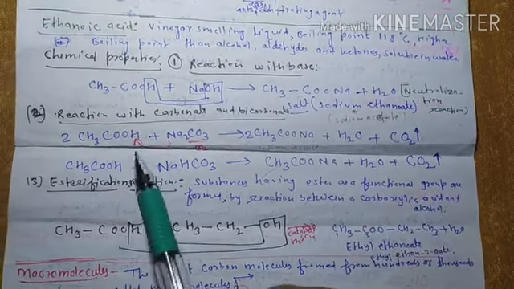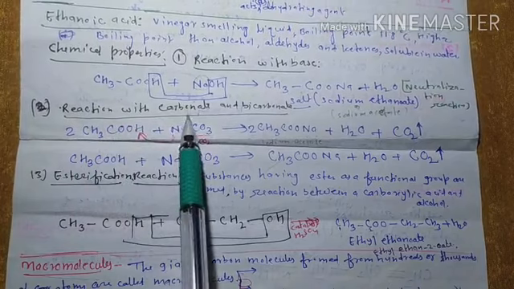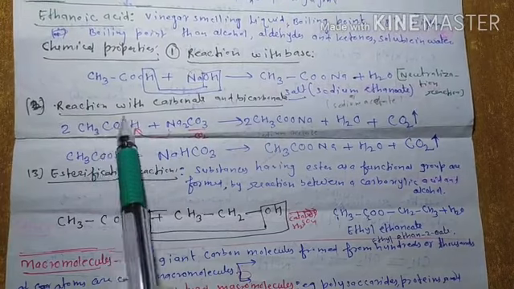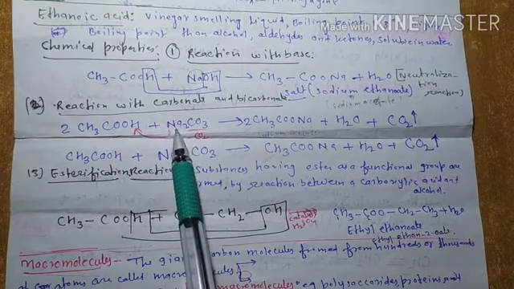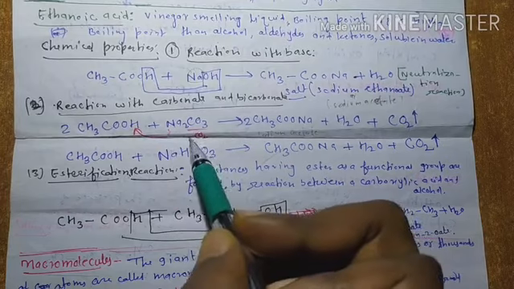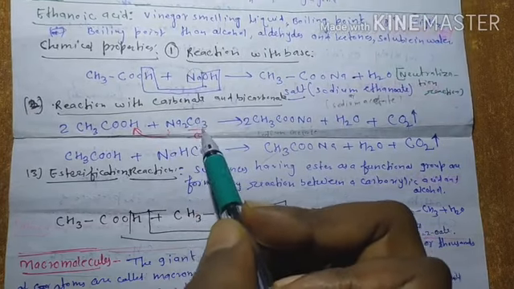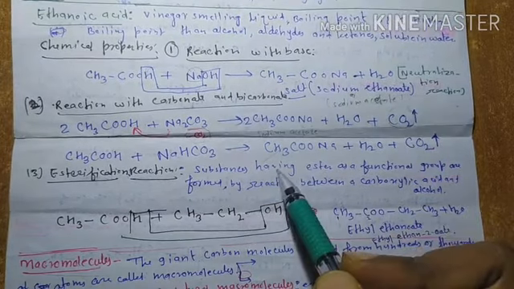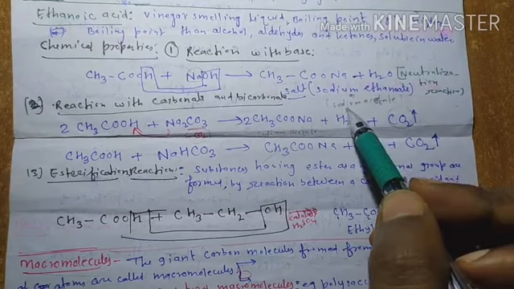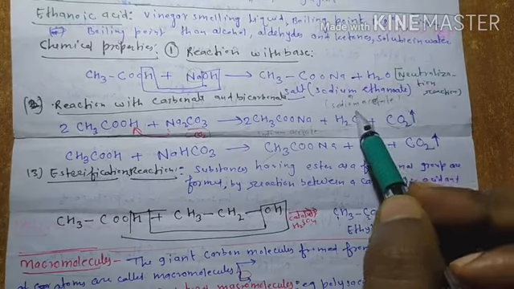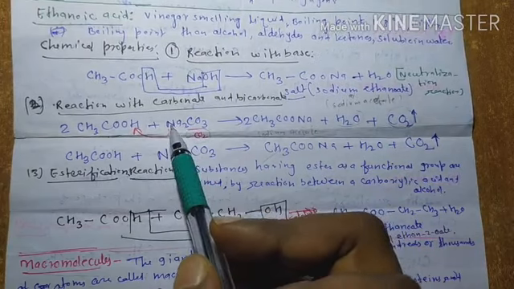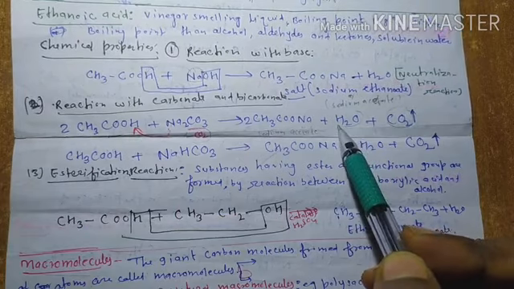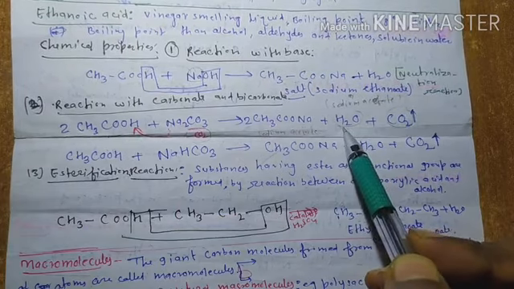Second, reaction with carbonate and bicarbonate. Again, acetic acid or ethanoic acid reacts with sodium carbonate. From this sodium carbonate, CO3 minus one oxygen, CO2 will form, plus water, and the sodium atoms come in place of hydrogen. Why have we taken 2? Because we need 2 hydrogens so that water can form.